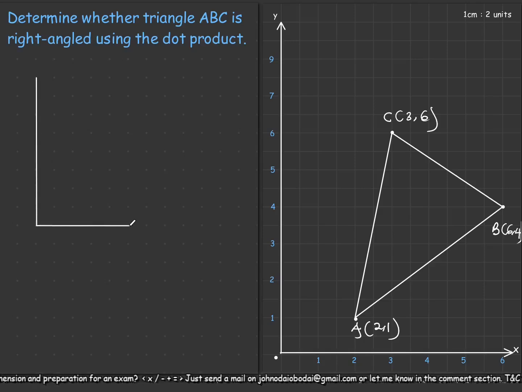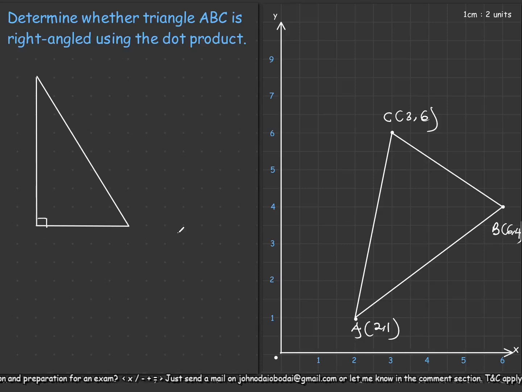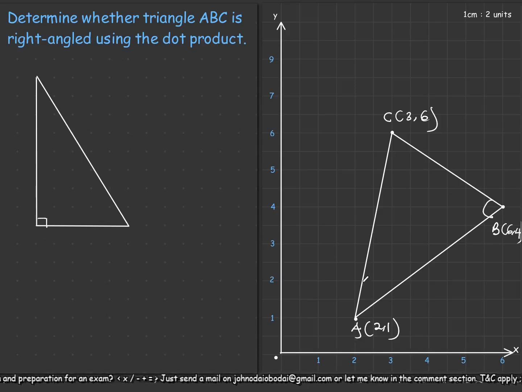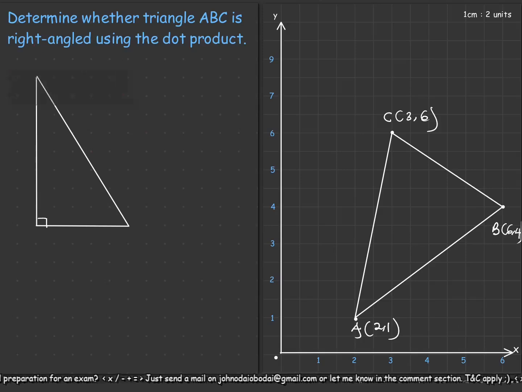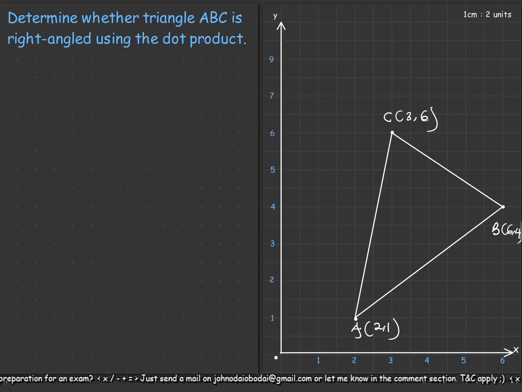It's a triangle where one of the angles is 90 degrees. Now, per our drawing here, none of these angles looks like 90 degrees. So graphically, we can just go directly and say that no, this triangle isn't a right angle one. By using a dot product, we know that the dot product of two vectors equals 0 if they are perpendicular.